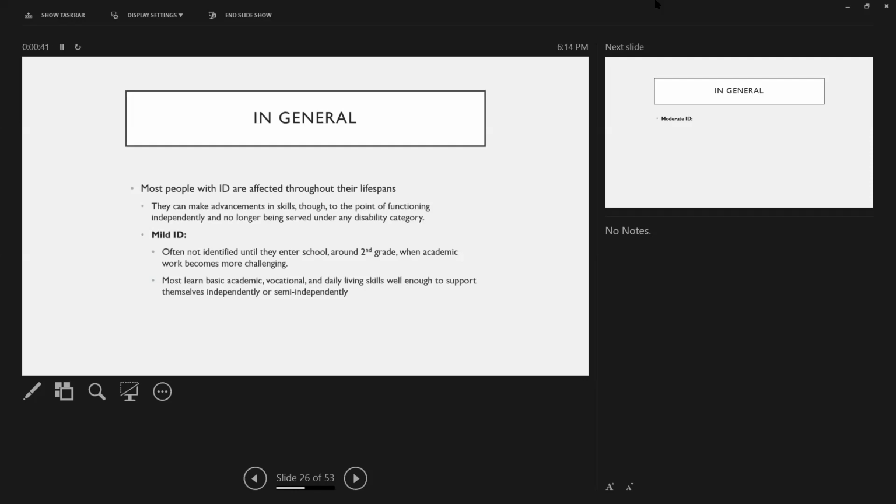It is definitely possible for people who are more mildly affected to live independently or to function independently. And in the context of school, K through 12, it is possible that a student with a mild form of intellectual disability is no longer served under any disability category.